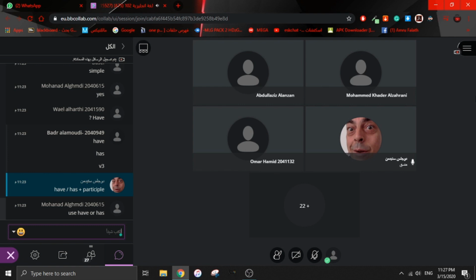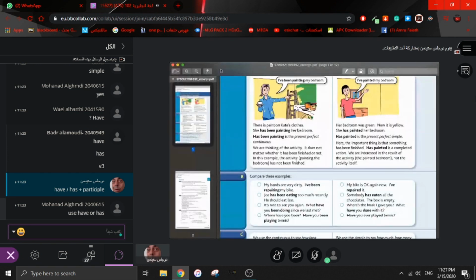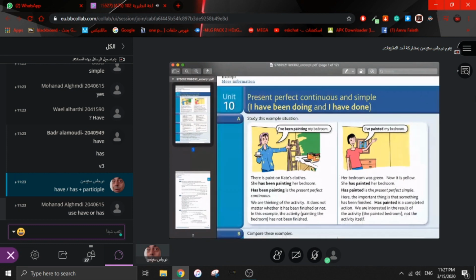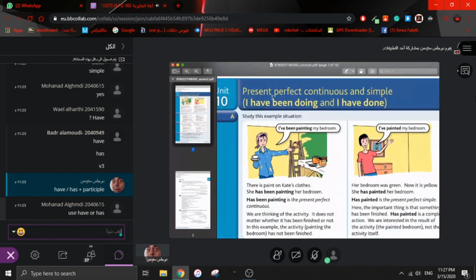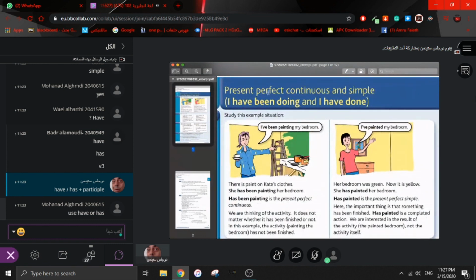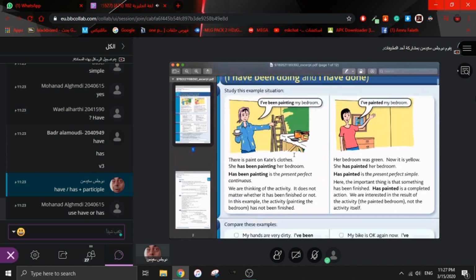This one. Okay, can you see it? Yes, it's showing up here. Okay, I can share this document with you later, but let's just take a look at these two things. On this page, on the left, we've got our present perfect continuous. On the right, we've got the present perfect simple. And we're going to look at examples and when to use them.